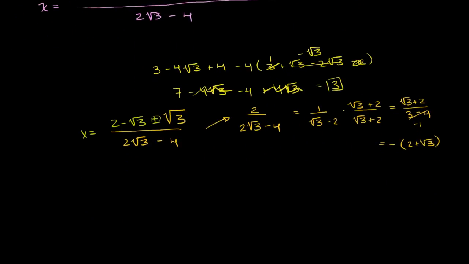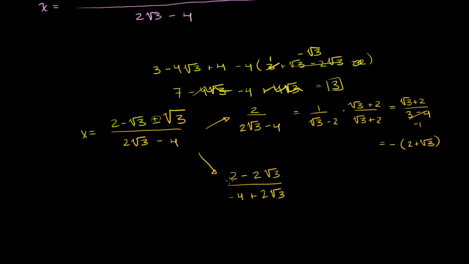And the other possible value of x, if we subtract the square root of 3, then on the numerator we're going to have 2 minus square root of 3 minus the square root of 3. That's 2 minus 2 square roots of 3 over negative 4 plus 2 square roots of 3.